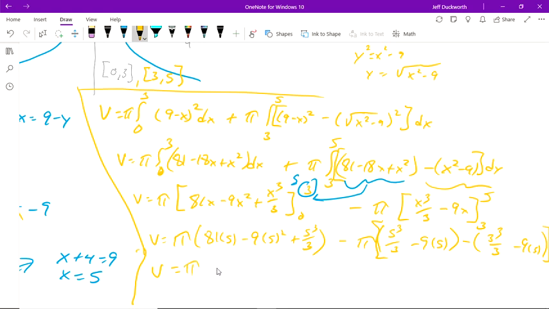All right, so we have 81 times 5. What do we get? 405. 5 squared is 25. 9 times 25. We're looking at 225. And 5 cubed is 125.